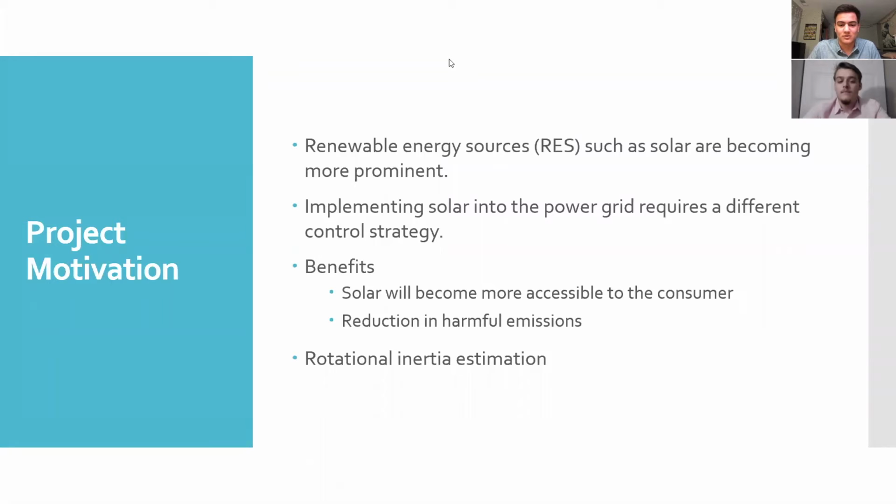So by using a different control strategy, solar power can be distributed more efficiently to consumers, which would in turn be safer for the environment and lead to a reduction in harmful emissions, which happens with traditional energy sources now. One way that we're going to be looking into doing this is by studying the rotational inertia constant and using that value to estimate the inertia constant.